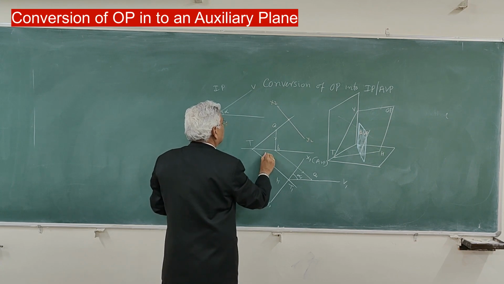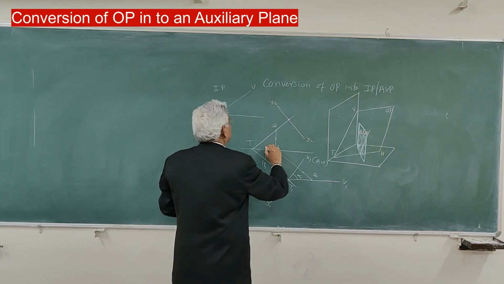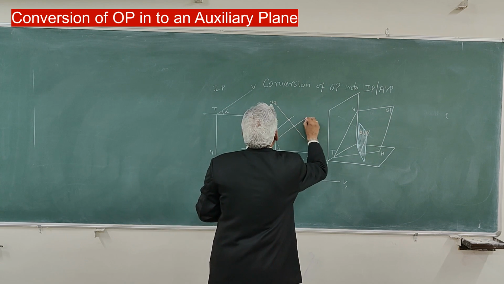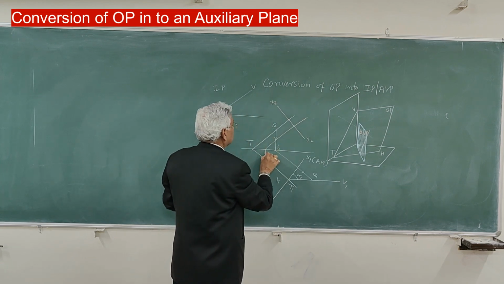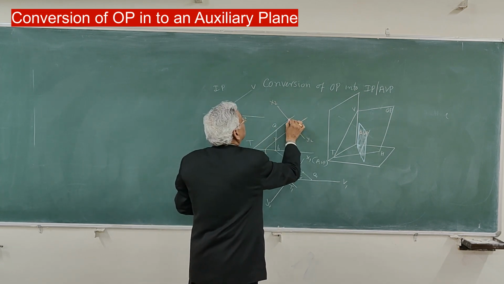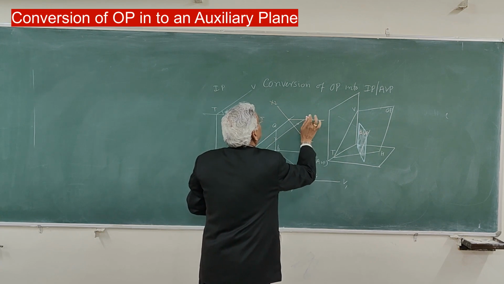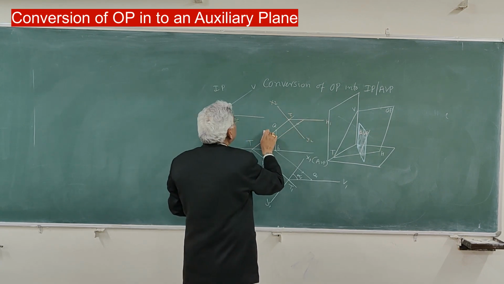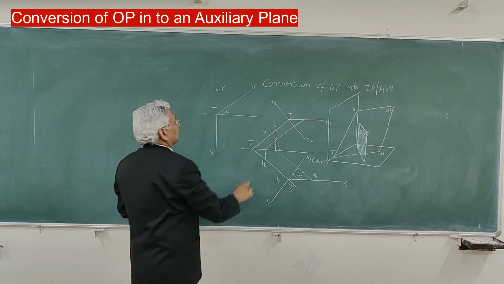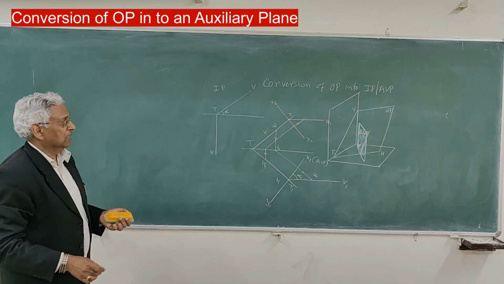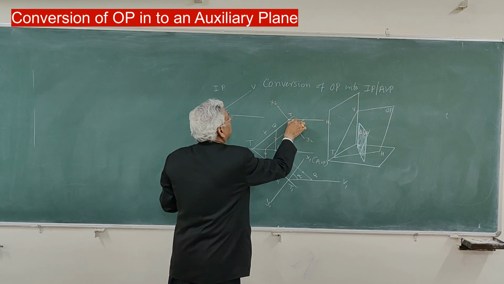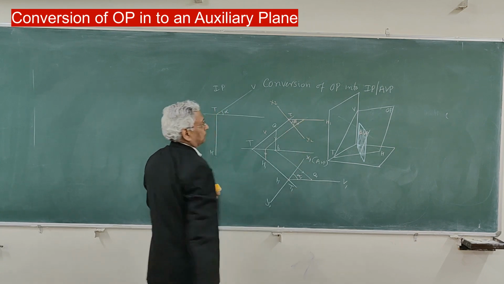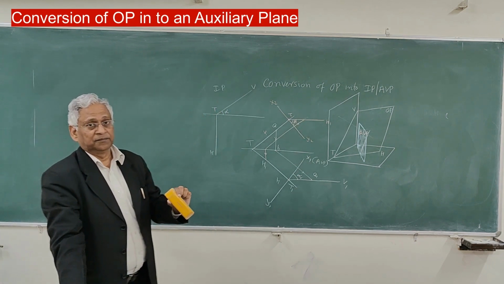Take another point here, project it, take this distance above ground line, join these two, you get a new horizontal trace. Vertical trace remains same, and this angle will be beta, the real angle made by the plane.